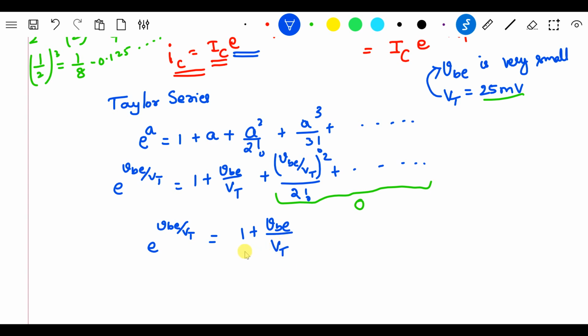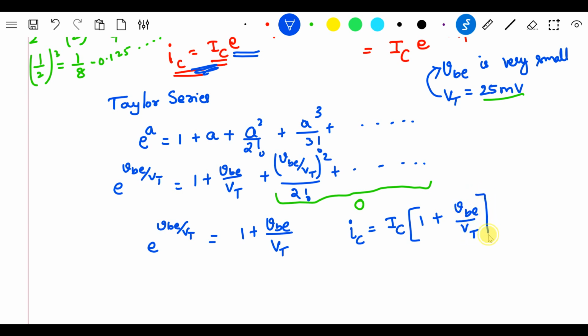If I substitute this in this instantaneous current term, what will I get here is the instantaneous collector current equals the DC current IC multiplied by 1 plus small VBE by Vt.